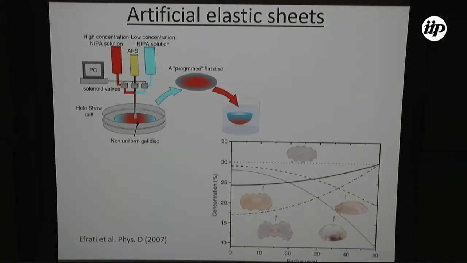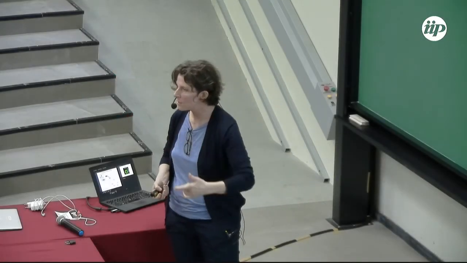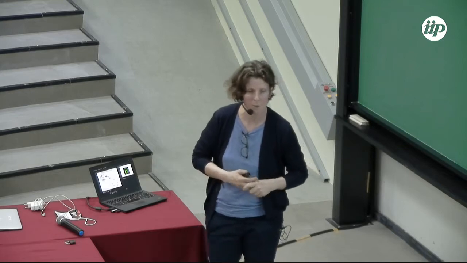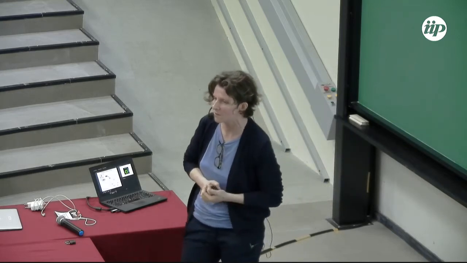I will just mention the work of Effie and Ran, because when we got this type of instability, I went to visit Ran and told him, I saw your paper, it looks similar.